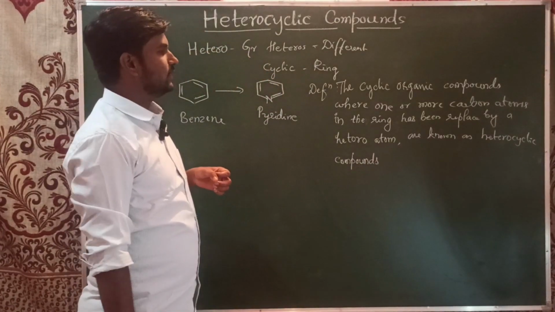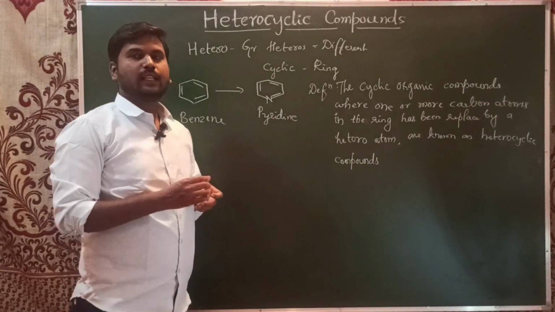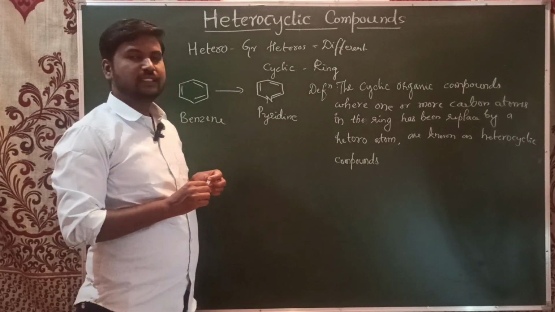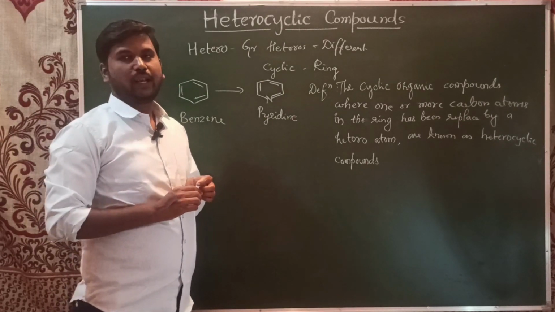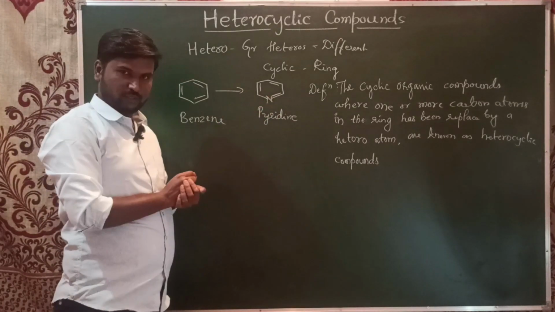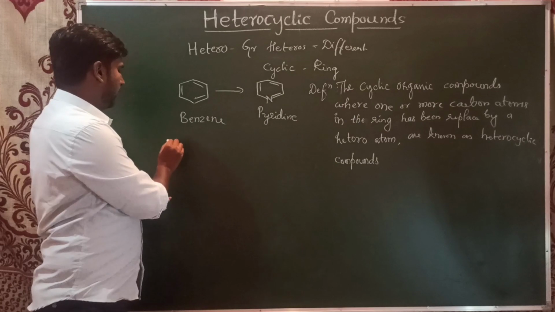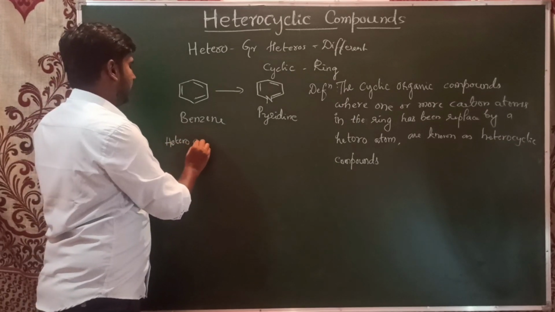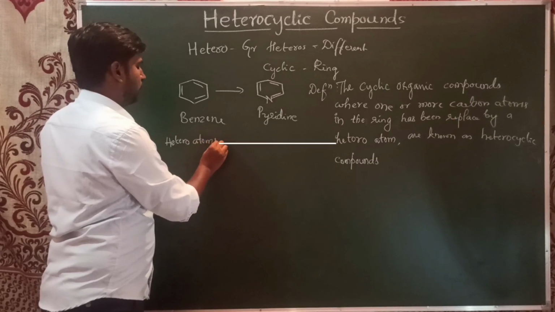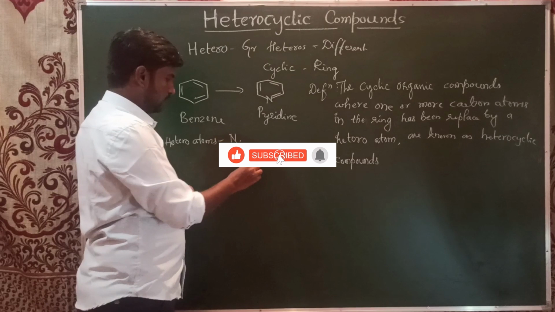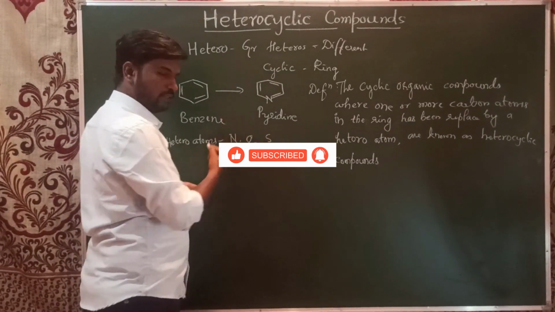The definition says the cyclic organic compounds where one or more carbon atoms are replaced by heteroatoms. Here you can see the heteroatom is nitrogen. The most common heteroatoms we find in heterocyclic compounds are nitrogen, oxygen, sulfur.